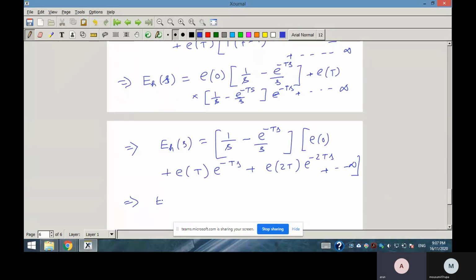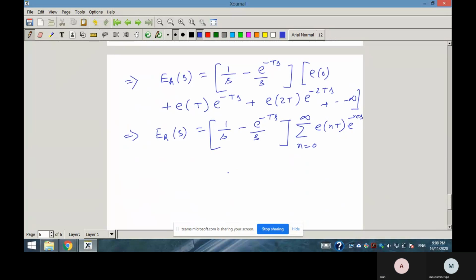This implies EH(s) is 1 by s minus e to the power minus Ts by s, into the summation for n equal to 0 to infinity of E(nT) into e to the power minus nTs. This is your whole signal in the transform domain.